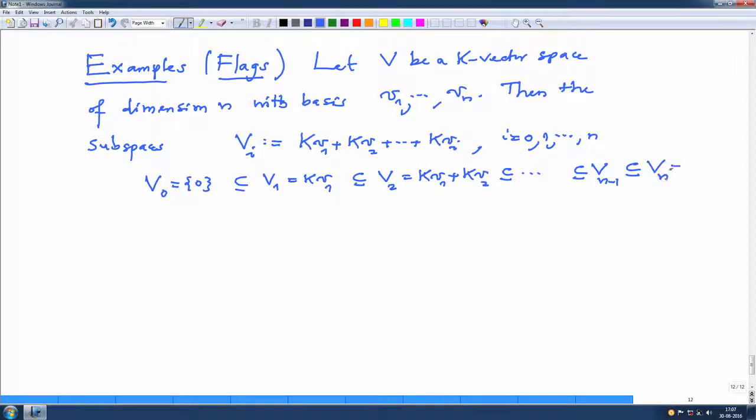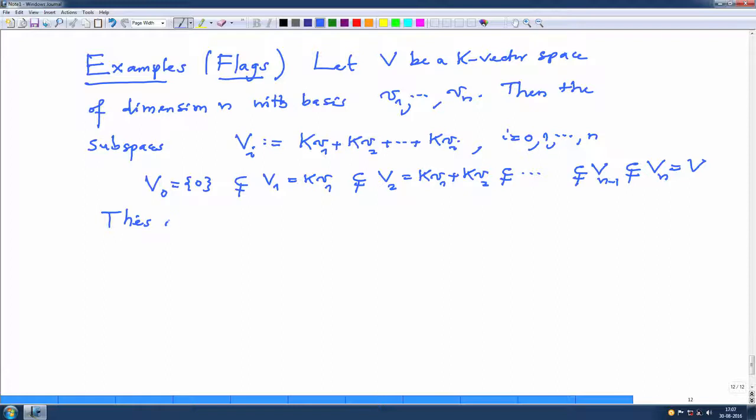Vn is the whole V because V1 to Vn is a basis, and at each stage this inclusion is proper, because these V1 to Vn are linearly independent. So, Vi cannot belong to the subspace generated by the earlier ones, because otherwise we will get a linear dependence relation between V1, V2, etc., Vi. So, this is proper.